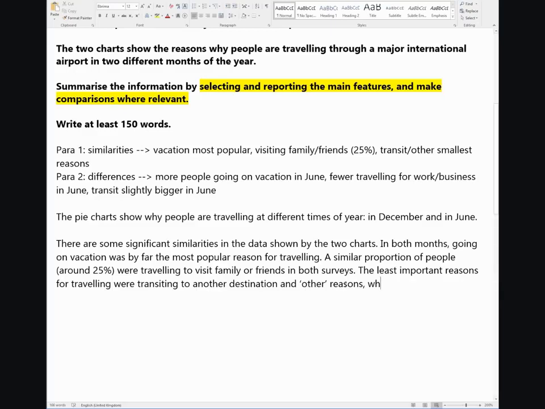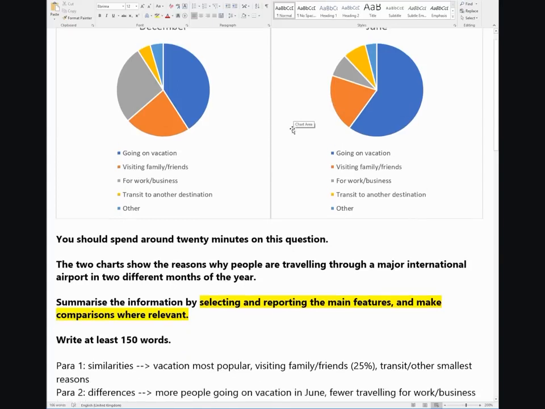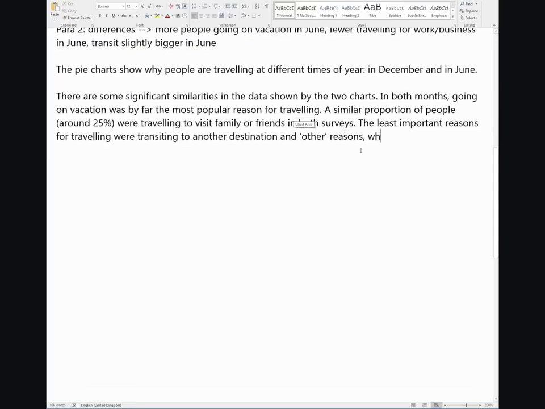Let's have a look. Transit and other, so it's hard to say. What's that, like 5 to 10%? Oh, well, that's kind of cheating. I can't really use that, even though I made the charts, but you don't have that option in the exam, so I won't use it. So it looks to me like each one is maybe 5%. Certainly if this is a quarter, they're under 15% combined, so maybe I can use that to compare them.